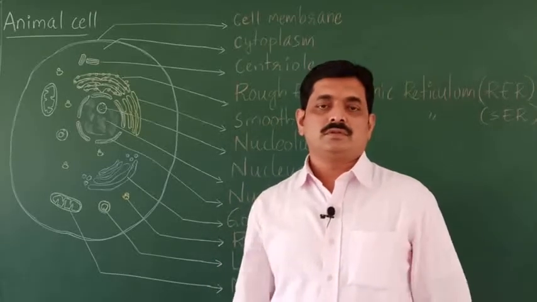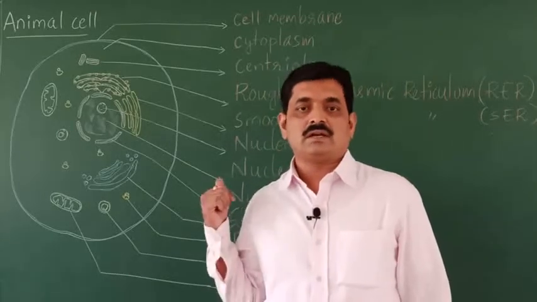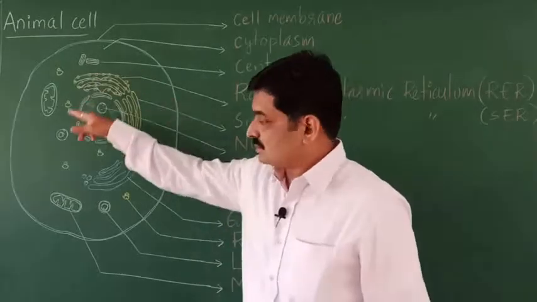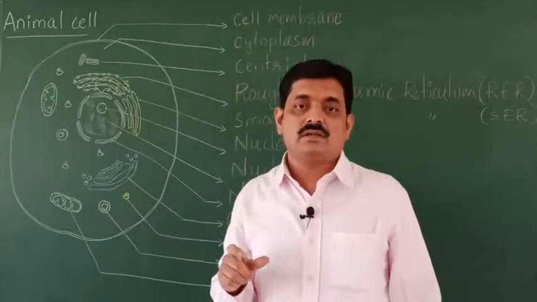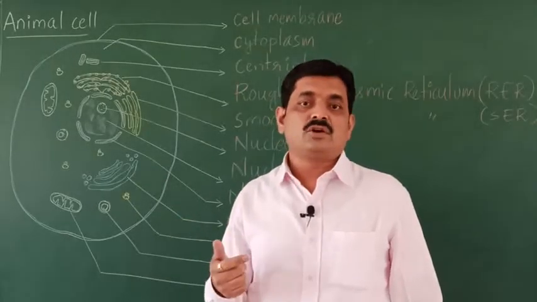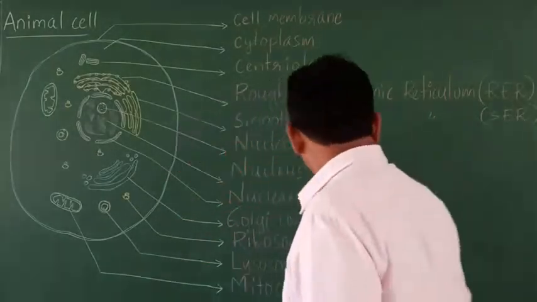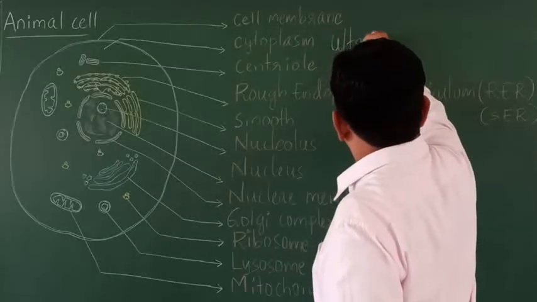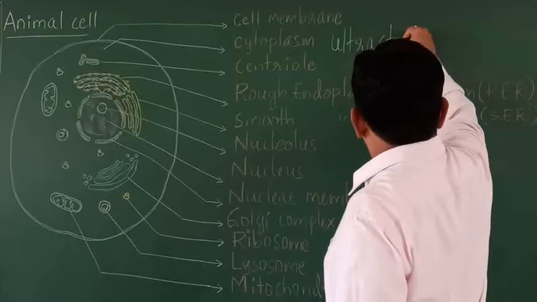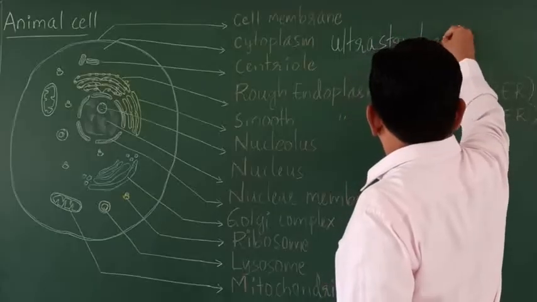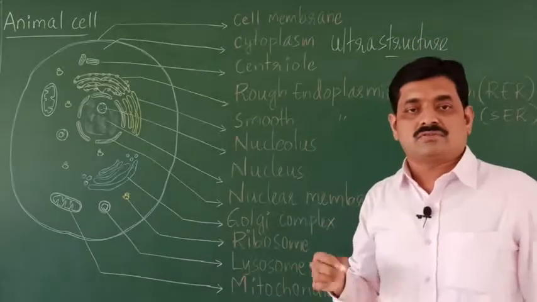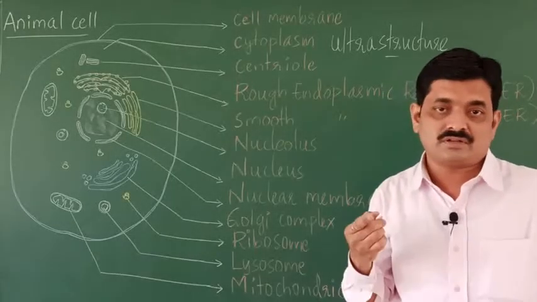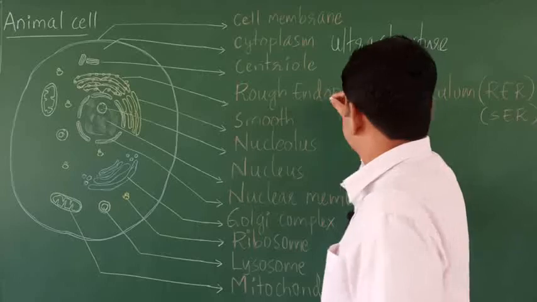Hello students. So next we shall consider the ultrastructure of the animal cell. So this is the ultrastructure of a single animal cell. The meaning of ultrastructure is the structure which can be observed in an electron microscope.